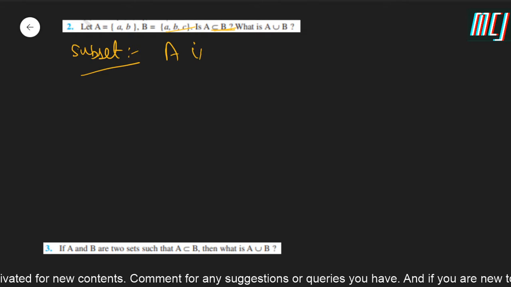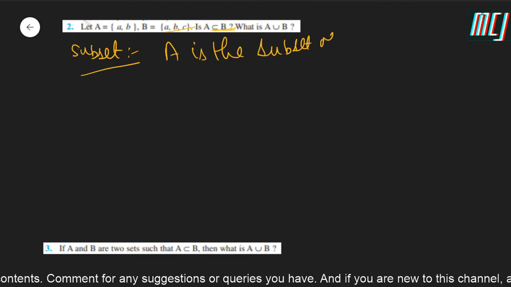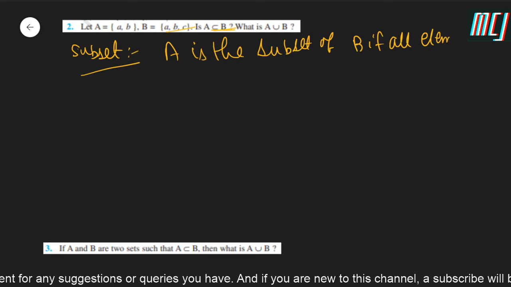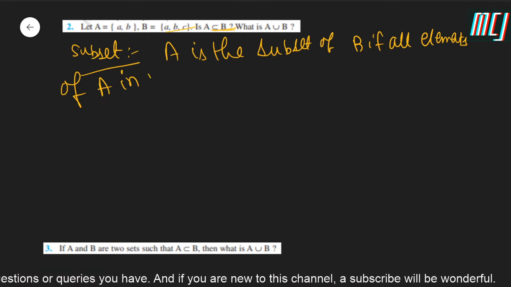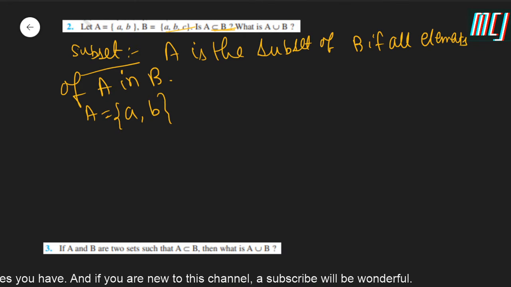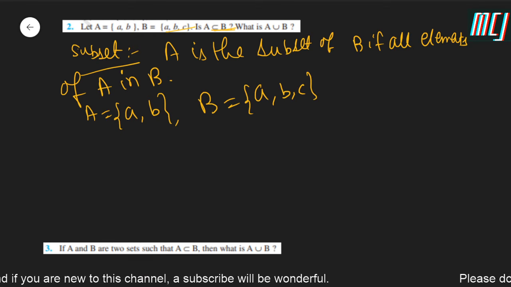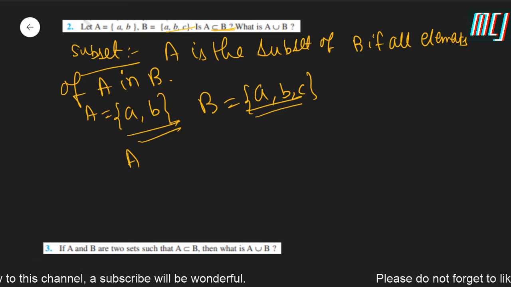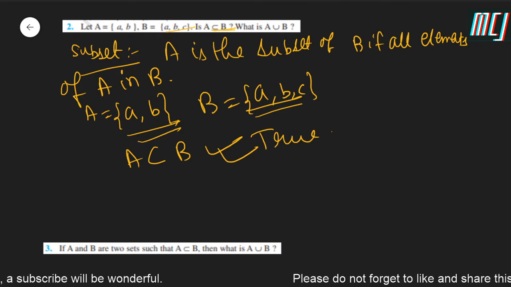A is a subset of B if all elements of A are in B. So here A equals {a, b} and B equals {a, b, c}. So the elements of A are already in B, right? So A is a subset of B. True? Clear?